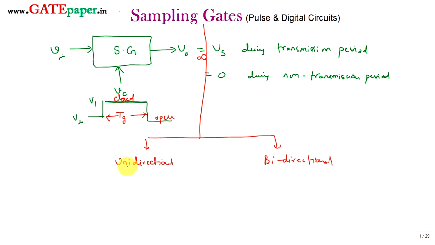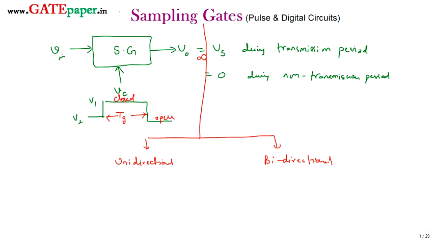Unidirectional sampling gates, as the name implies, can pass only one type of signal, either positive going signals or negative going signals. A positive going signal is a signal consisting of all positive values, and a negative going signal means the signal has only negative values. It doesn't mean a positive going signal is one going from -10 to -2.